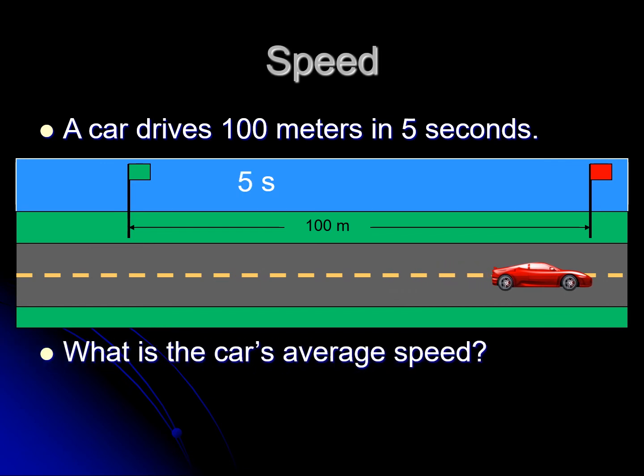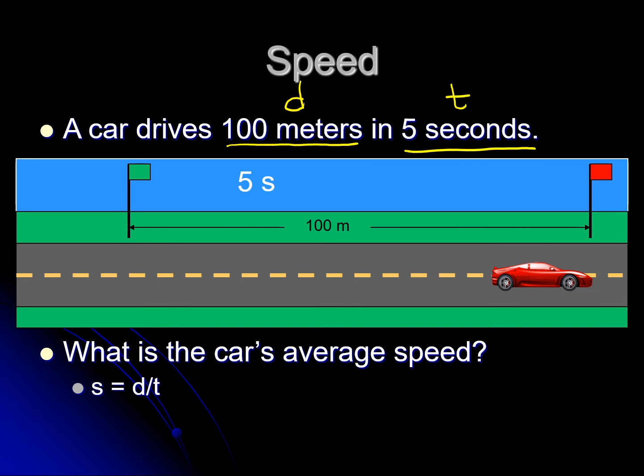What is the car's average speed? We only have to use the formula S equals D over T because we already have the value of distance. 100 meters is your distance and 5 seconds is your time.